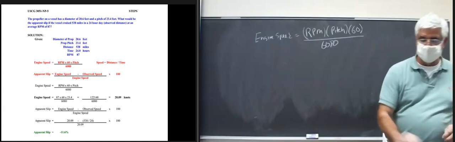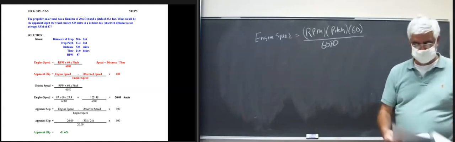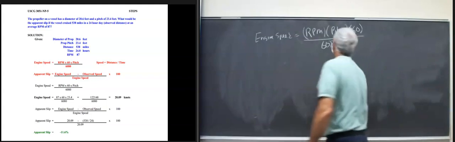I'm going to do this problem up on the board. You're going to have a formula sheet and a question, and you've got to match things up. Example 1: your pitch equals 23.4 feet.